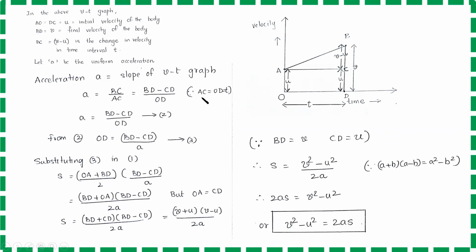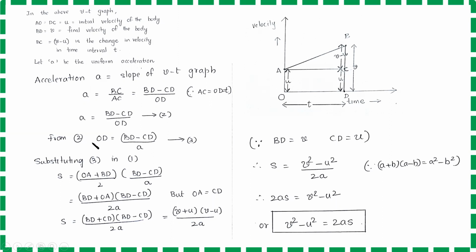We can write A is equal to (BD minus CD) by OD. Let it be equation number 2.